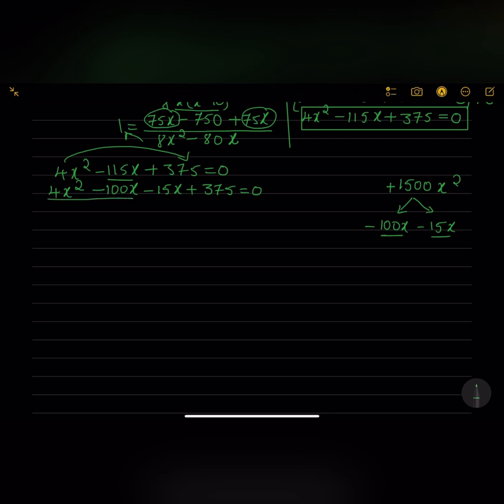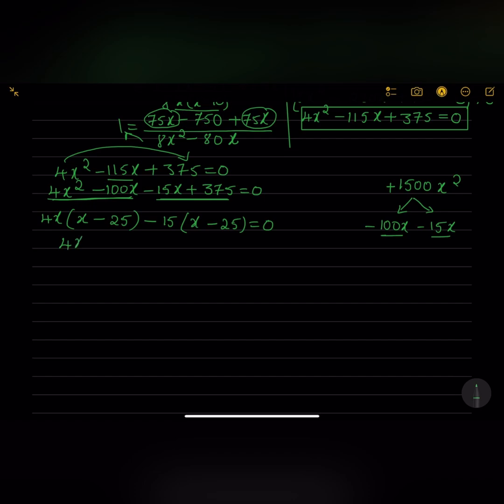And grouping the terms. In this, the first two terms, the common factor is 4x. If we take out 4x, we will get x minus 25 inside the bracket. And in the last two terms, 15 is the common factor. It is x minus 25 is equal to 0.